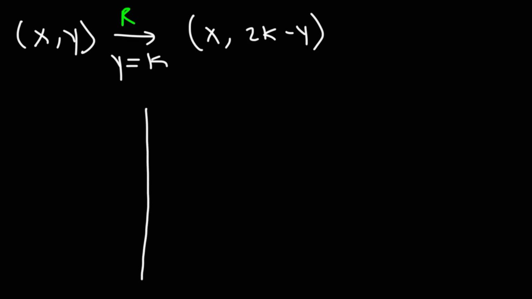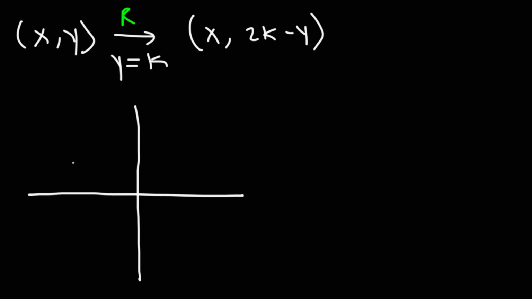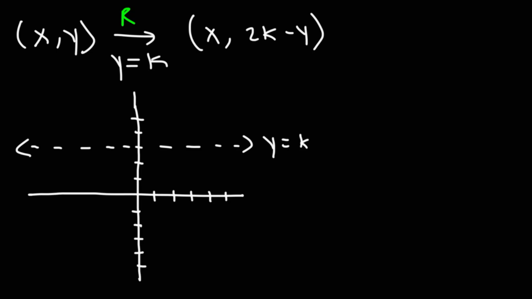So let's work on an example. Let's say we have the line y equals 3, and we're going to reflect it about that line. And let's say we have the point 3, 7.